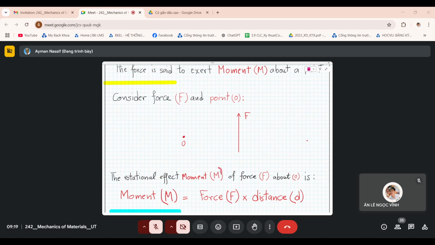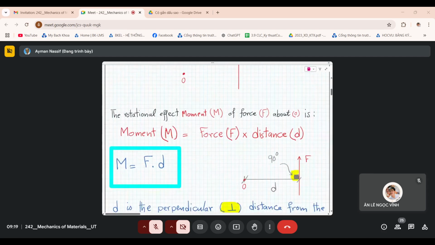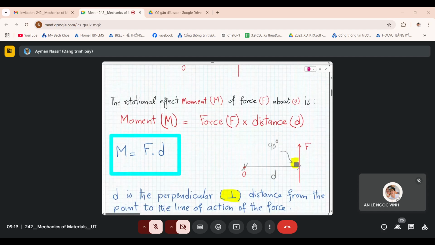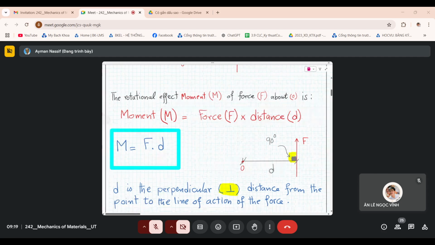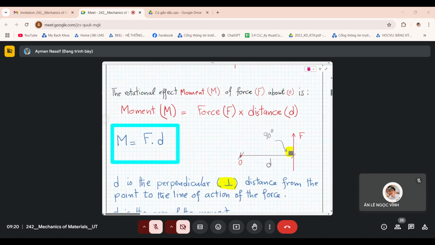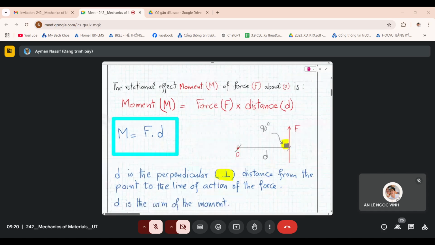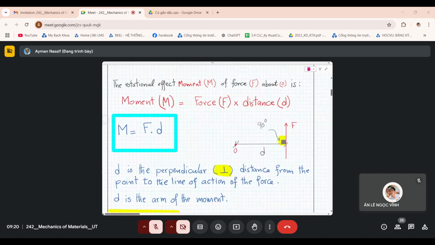The rotational effect M of the force F about O is, have a look, of course, F times D. But what you must appreciate is that the D value, the distance, must be the perpendicular distance. So M is equal to F times D.